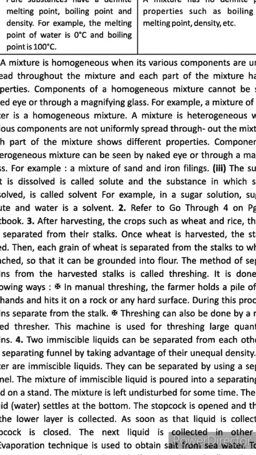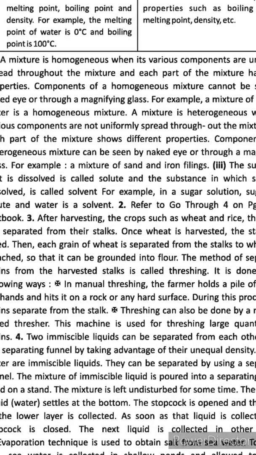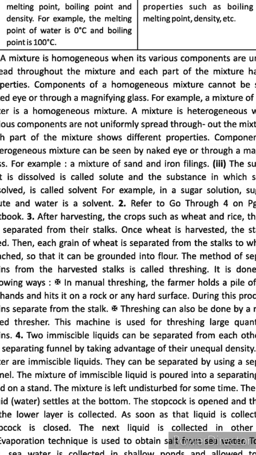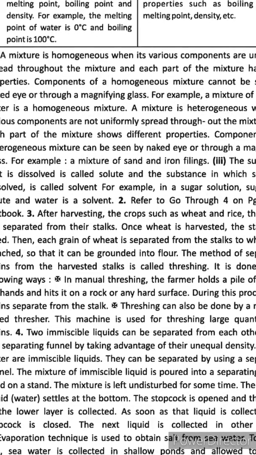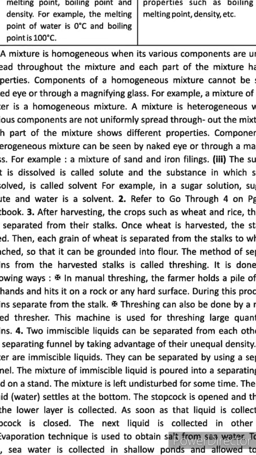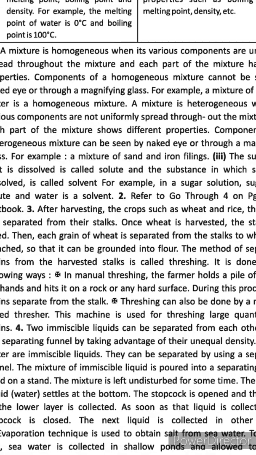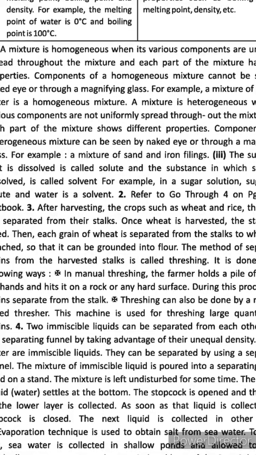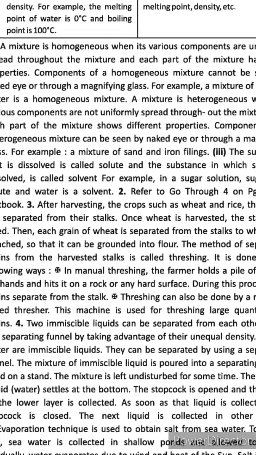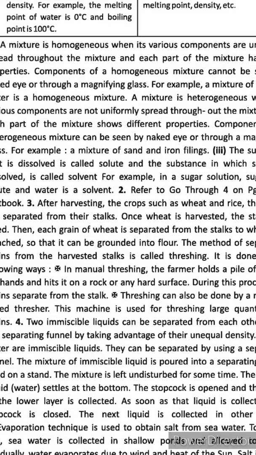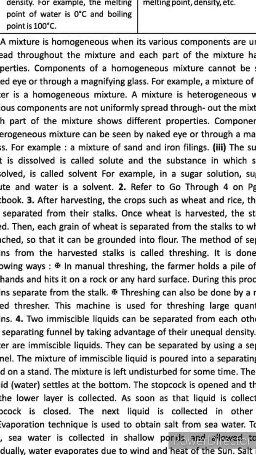And next one, number 5, explain the process of obtaining pure salt from impure salt. How can we separate pure salt from impure salt? The evaporation technique is used to obtain salt from seawater. To obtain salt, seawater is collected in shallow ponds and allowed to stand.